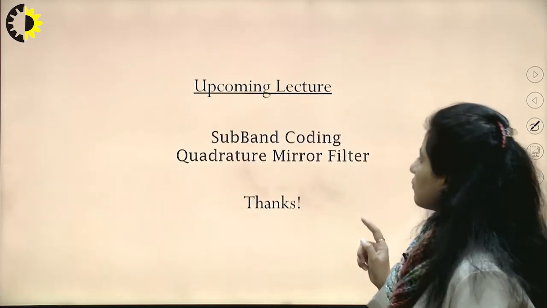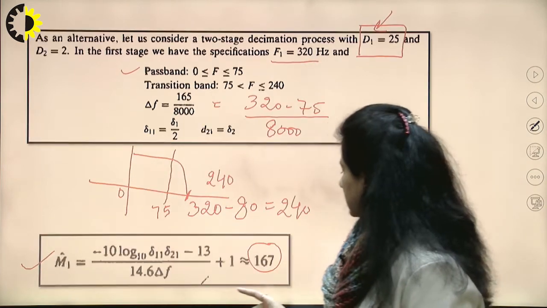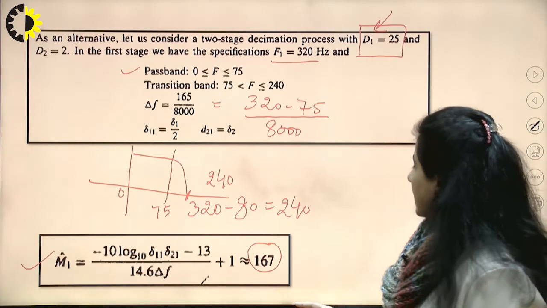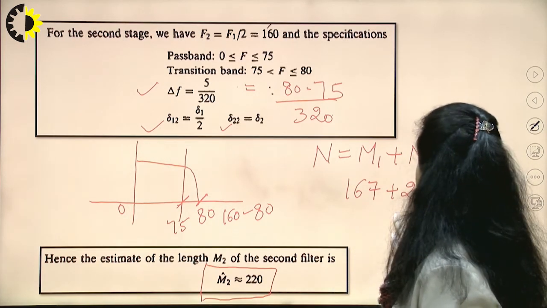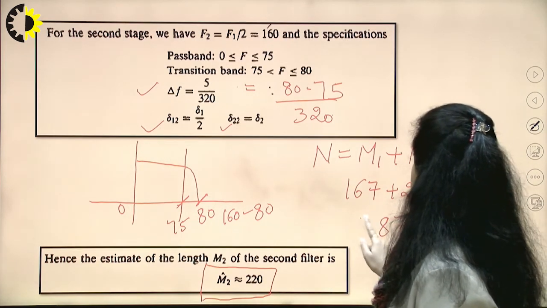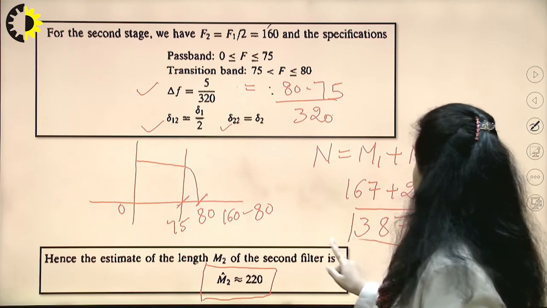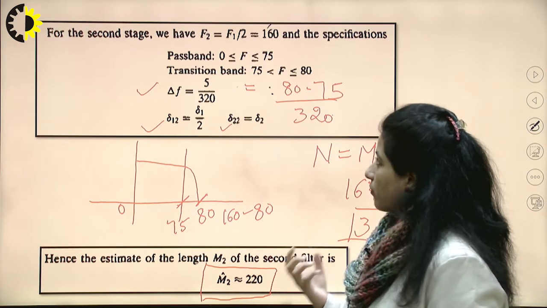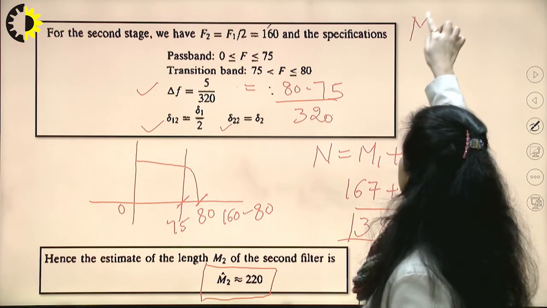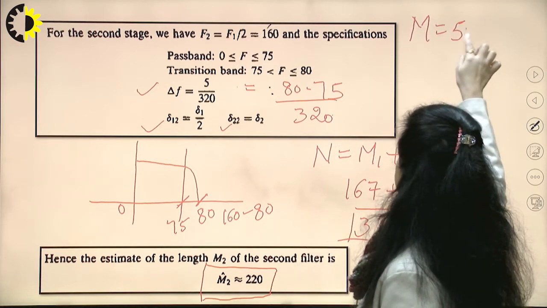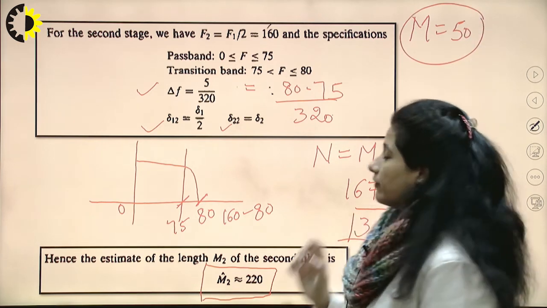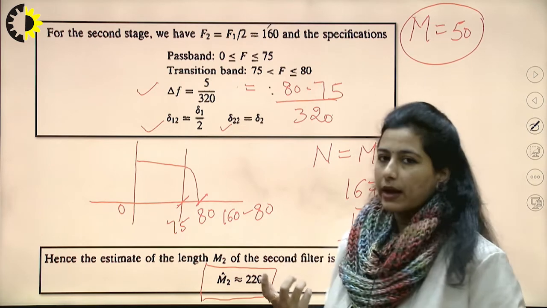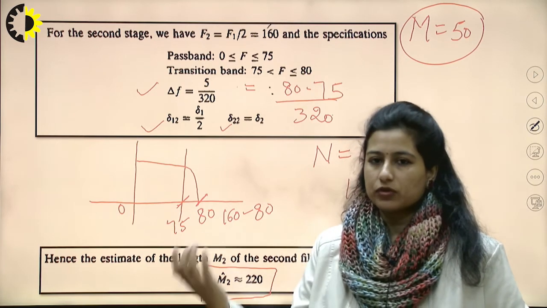So in this case, I would see that the overall value, which was initially around 5000, has now been reduced to approximately 387, less than 400. So this is the advantage that we were talking about: for creating a decimator with M equal to 50, if I design this as a single stage, how much order would I require? Approximately 5000 stages would be required.